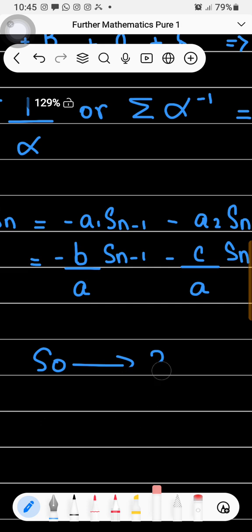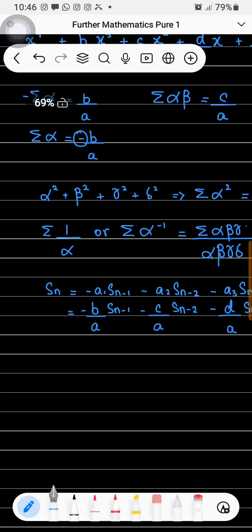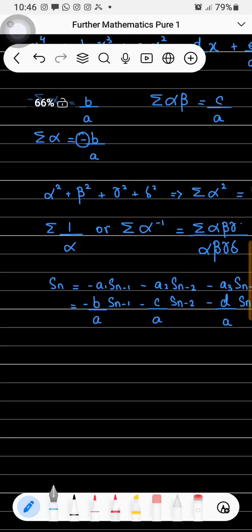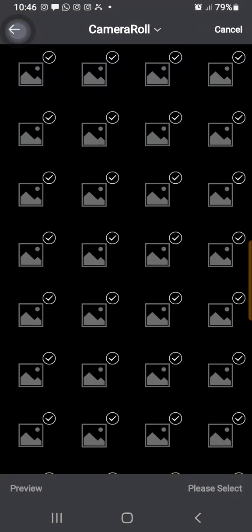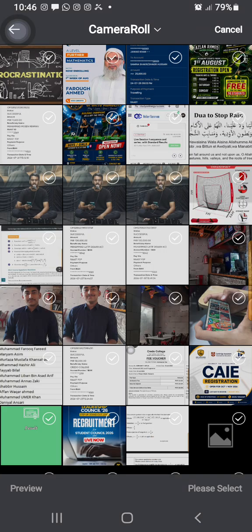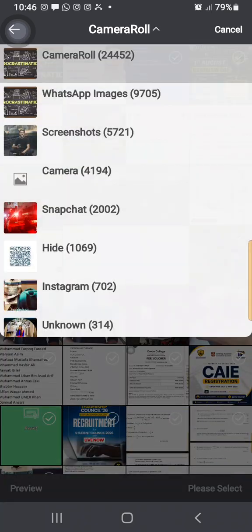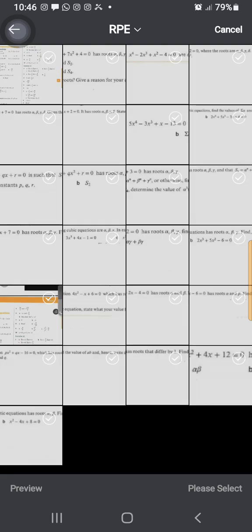Okay, so I think we can move to question number 1 here. We have a bit of time and we can go for the question. Let me paste the question here. Camera roll. Wait for a bit. Let me find the question.